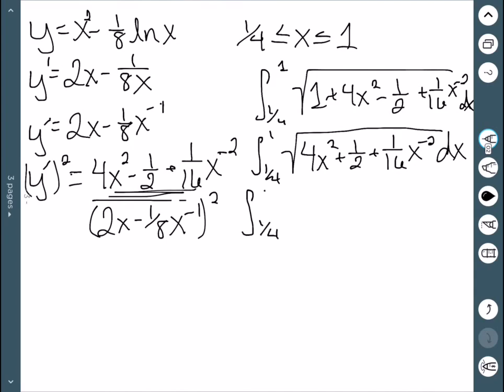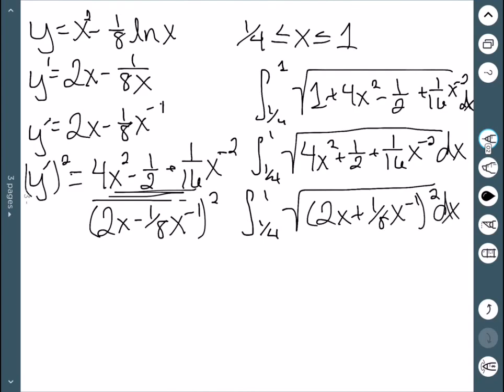Therefore, this is the integral from 1/4 to 1 of the square root of 2x plus 1/8 times x to the negative 1, squared. Therefore, my square and my square root cancel each other out. I end up with just the integral of 2x plus 1/8 x to the negative 1. If we try to figure this out, we get x squared. In the second term, adding 1 to the exponent would give us 0, so that's not good.